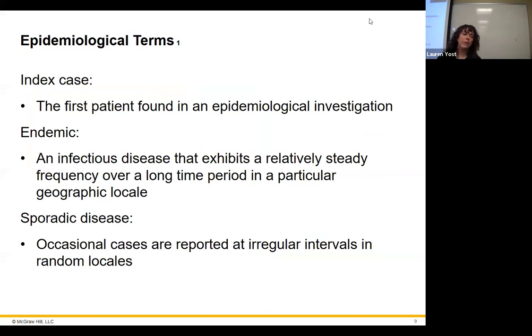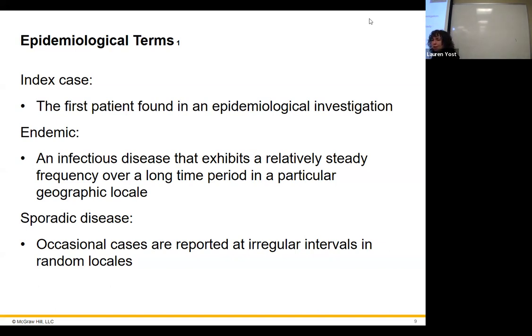All right, so we have the index case. This is the first person that was found to be ill with whatever disease we're looking at. That doesn't necessarily have to be the source. It's just the first person that led you to finding out who was sick. We'll watch something like Outbreak, with Patrick Dempsey, McDreamy, in case you didn't know.